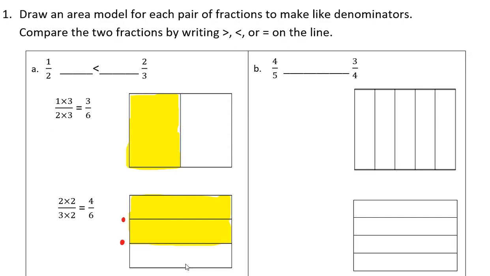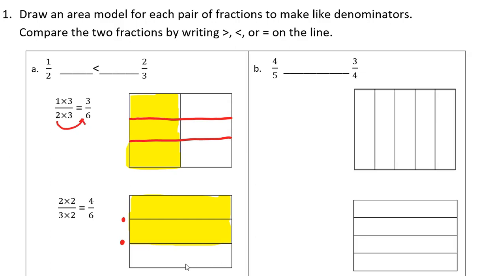I'm going to copy that onto my half. Now, in all, I've broken the whole into 6 pieces, and 3 of those pieces are shaded. This shows how we can turn 1/2 into 3/6.